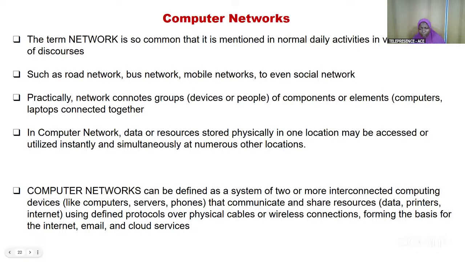This is one of the facilitating technologies, a cogent one, an important one at that, for office automation. I'm talking about networks. It's on everybody's lips. You talk about road networks, you talk about bus networks, you talk about mobile networks, and so on.